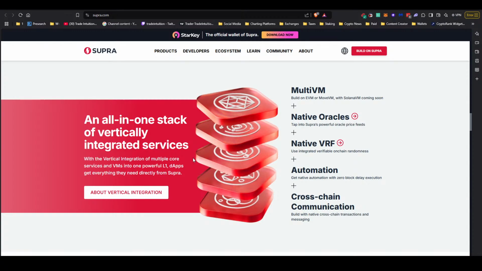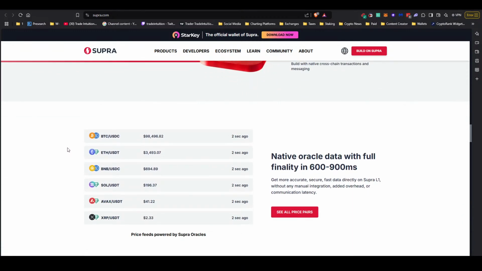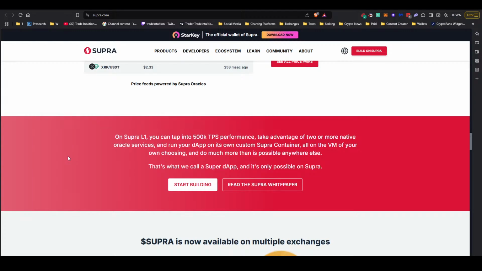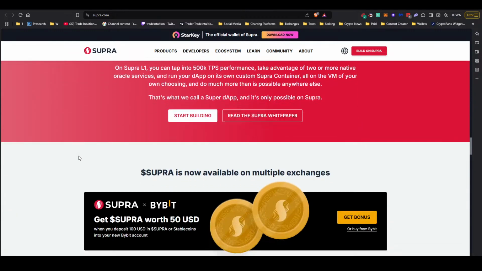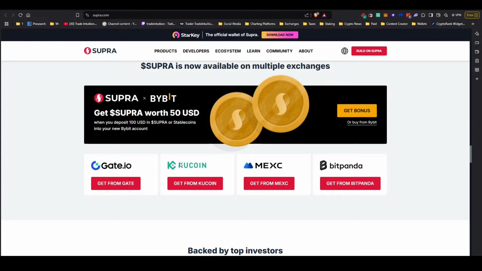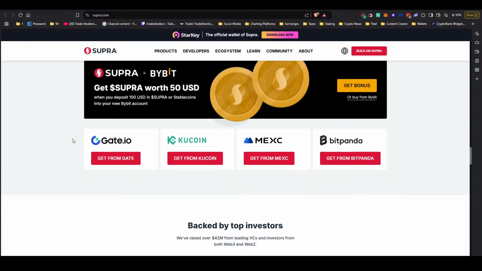Oracle is a beast. Native Oracle data, price feeds powered by Supra Oracles. Okay, I love Oracles. Supra is now available on multiple exchanges: Gate.io, KuCoin, MEXC. Very nice.